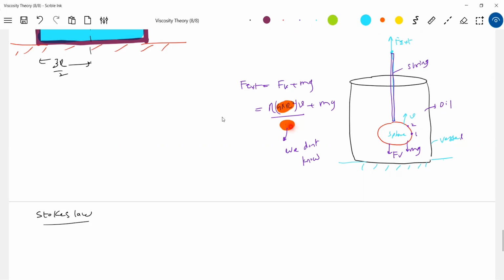We are not very sure. So it's not that easy, this chapter. If you're trying to drag different shaped objects through a viscous liquid, sometimes the area or sometimes this one will be very problematic. To overcome this for a spherical body, Stokes law is brought in. This particular thing is what I'm going to address.